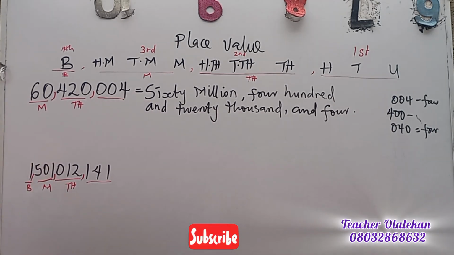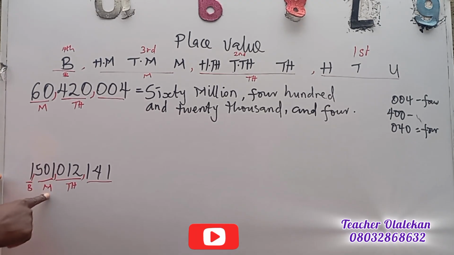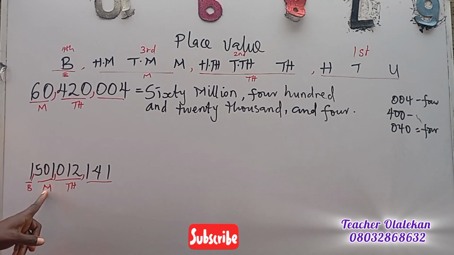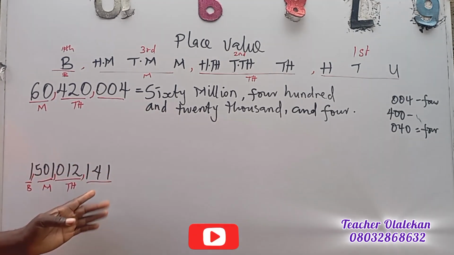So now let's pronounce it. We pronounce it to the group name. 1 billion, 501 million, 12,141, as you can see. So do not forget, 501 is what we have for the million, 012 is what we have for the thousand, and 141 for the ordinary group.